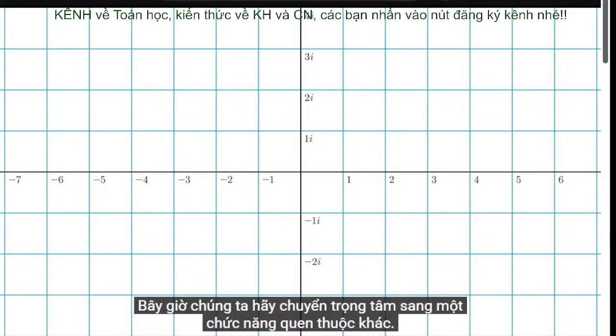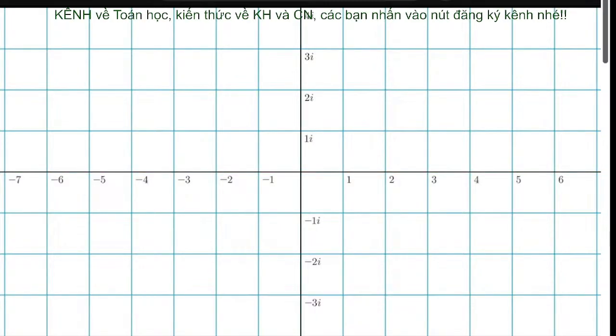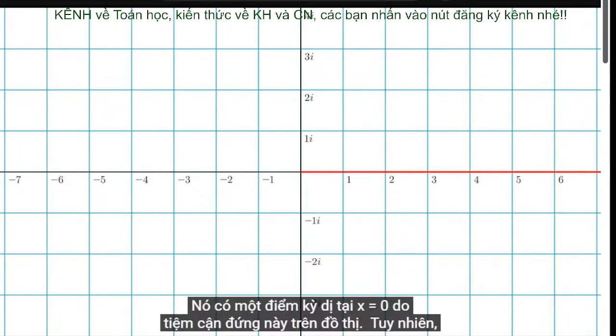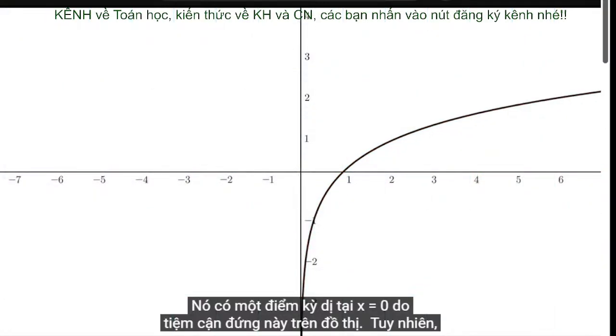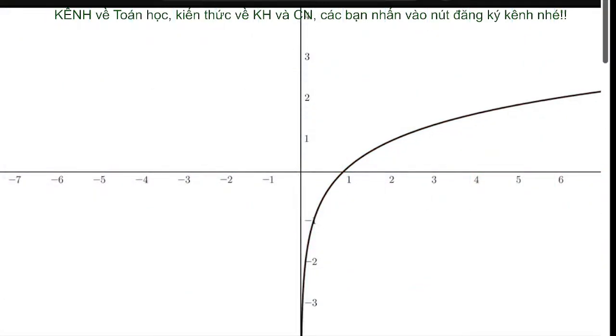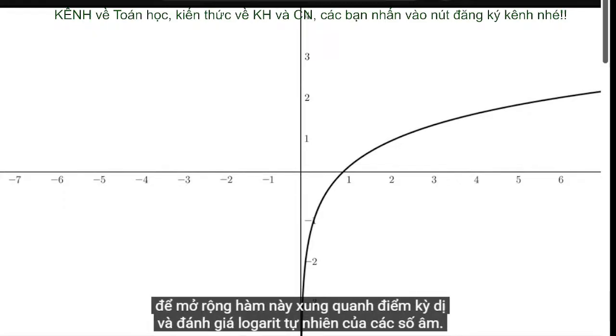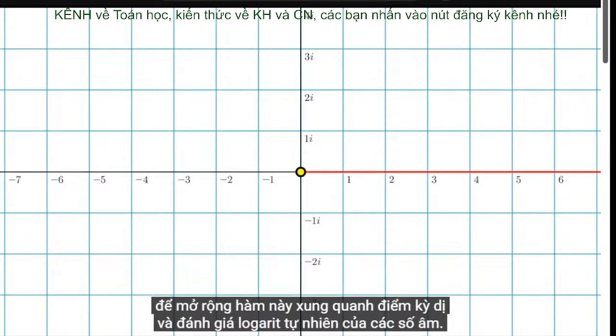Now let's shift our focus to another familiar function. Natural log is a function initially defined on the positive real line. It has a singularity here at x equals 0, owing to this vertical asymptote in the graph. Much like we did with the zeta function, though, we can use analytic continuation to extend this function around the singularity and evaluate the natural log of negative numbers.